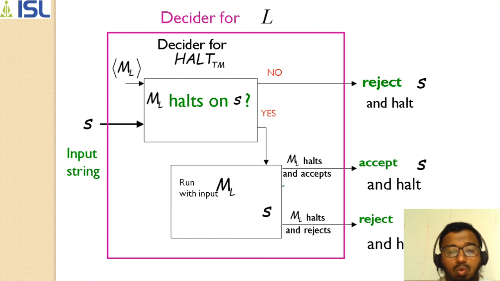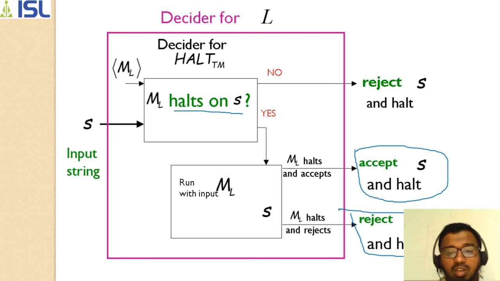If yes, then run the Turing machine M_L with input S. After that, M_L halts and accepts S, and halt, or M_L halts and rejects S, and halt. These are the two things. First, if it does not halt on S, it will directly reject. If it halts on S, then it moves to the next step: run the Turing machine with input S. If it halts and accepts, then accept, and if it halts and rejects, then reject.